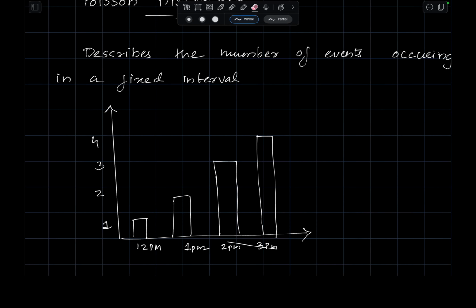As I said, it will be taking into consideration an event which is occurring with respect to a particular interval. So it is very important that in case of Poisson distribution, we take into account events happening in a specific interval, and here the lambda is the main parameter which is used in Poisson distribution. Lambda is the expected number of events occurring in every time interval. It usually will be a constant value.